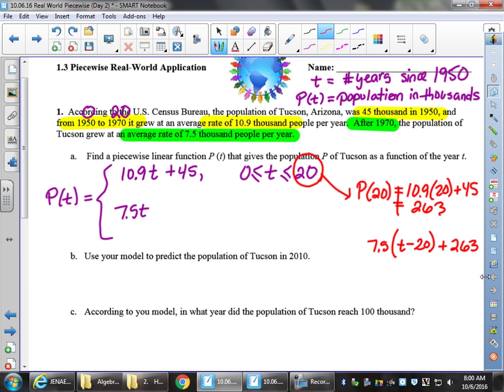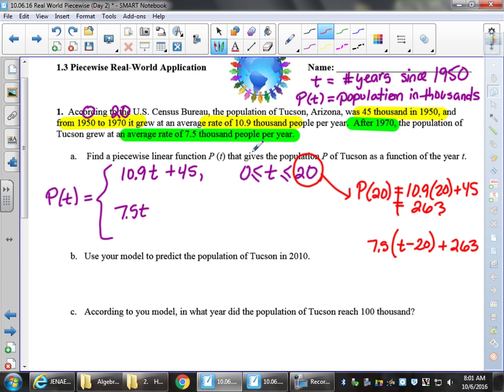So 1990 is how many years after 1950? 40. But I need to figure out, if I let T be 40, I'm not talking about the correct year. It needs to be 40 minus this 20 that is already accounted for in another piece.